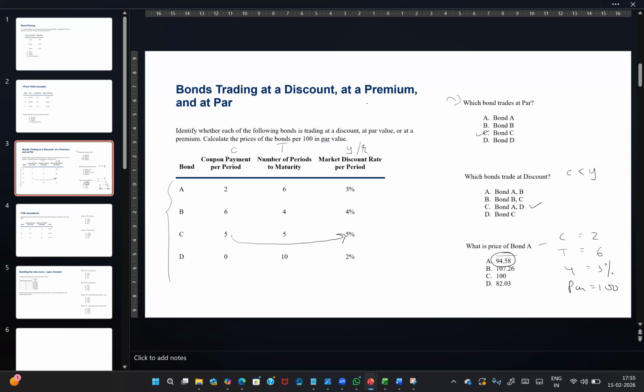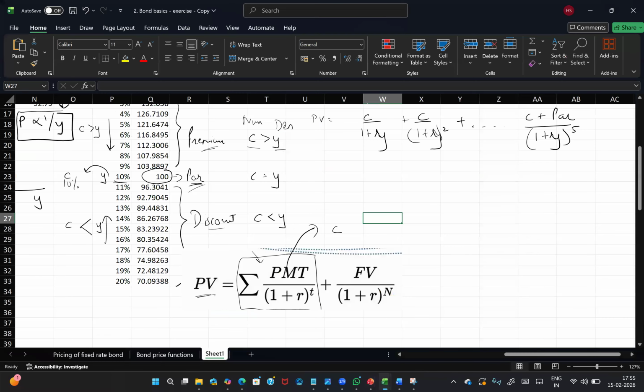Devansh, are you getting? Just check. Okay, so 94.58 is the right answer. Yeah, so this is a small caselet on bonds trading at discount, premium, and par, something which we have just covered. Okay, so these are the basics of bond valuation.